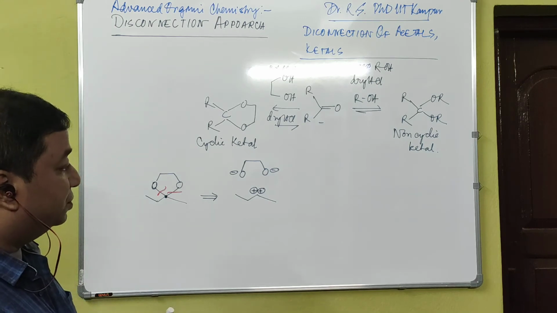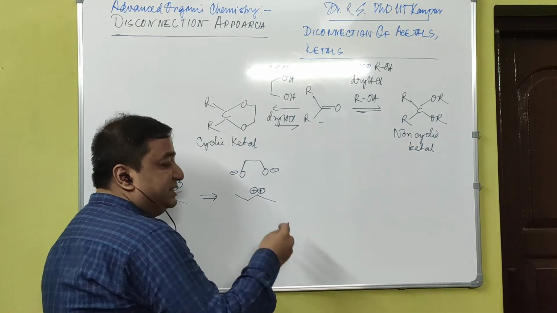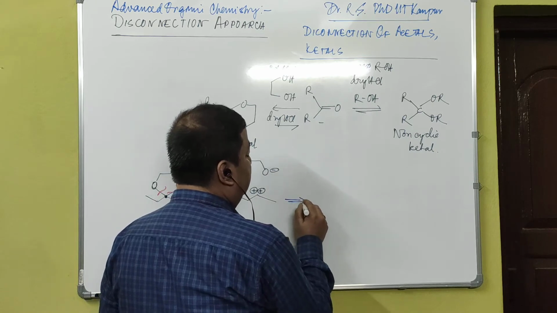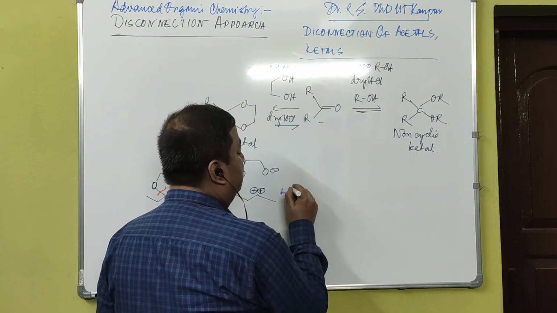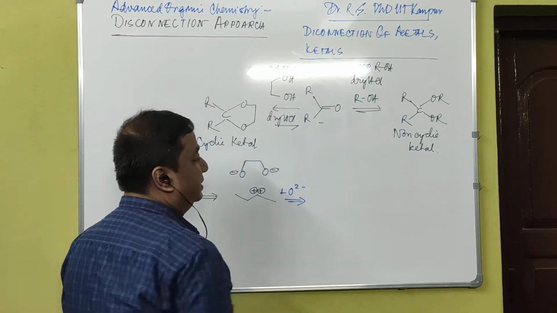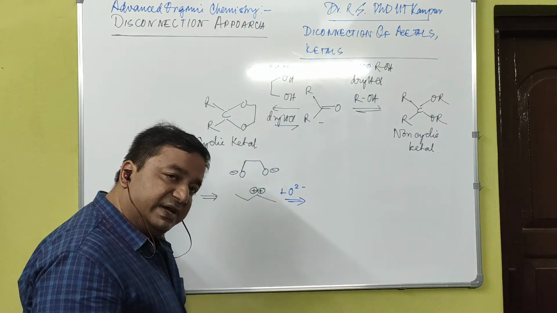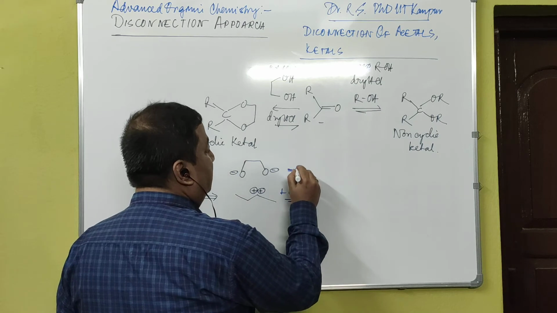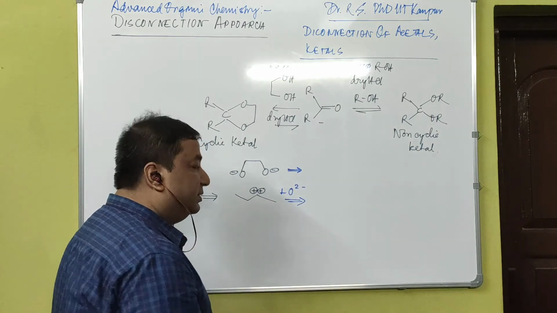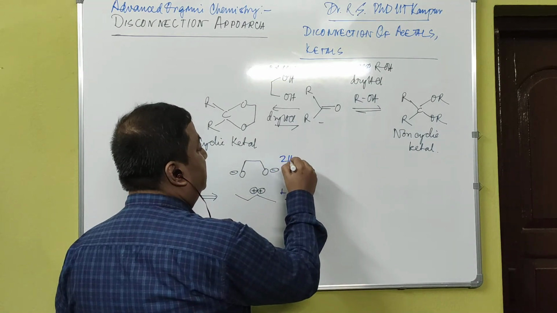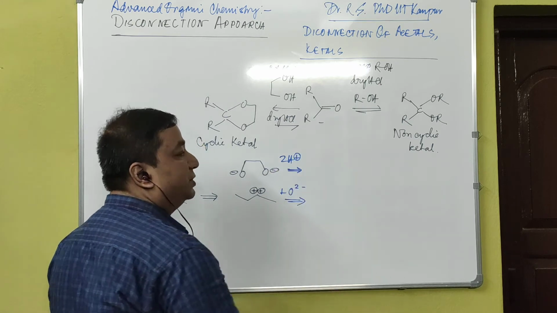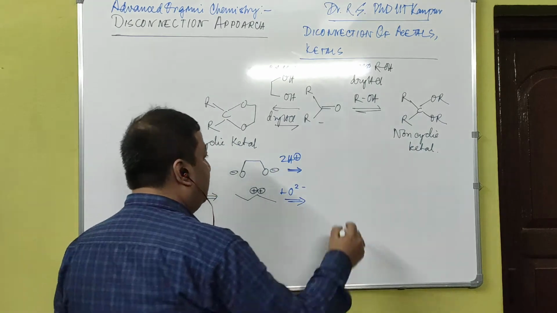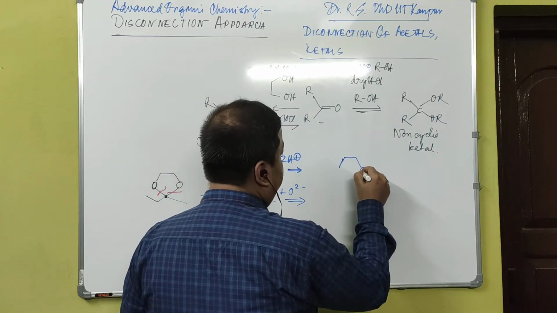What I am asking you to do, wherever you have this dipositive charge, you simply add O2 minus. Wherever you have a negative charge on an electronegative atom, you simply add protons. What does it give you?